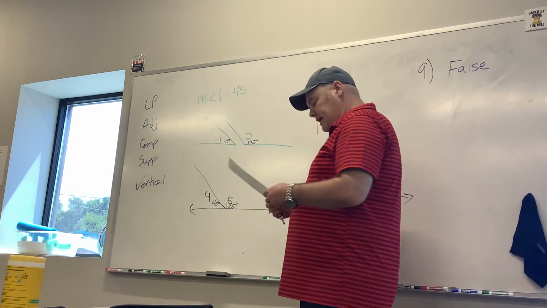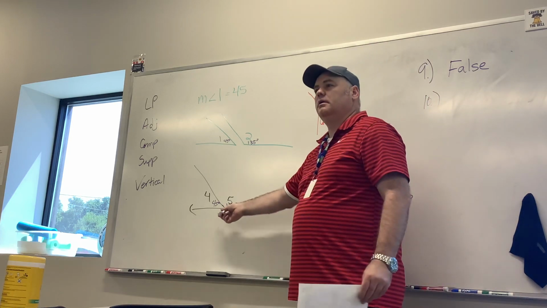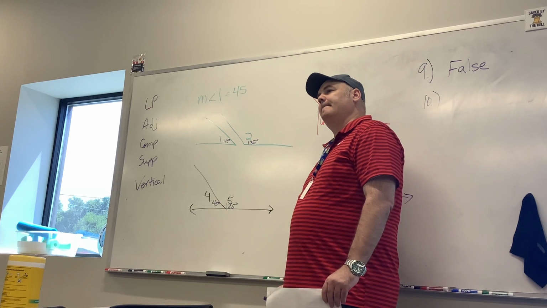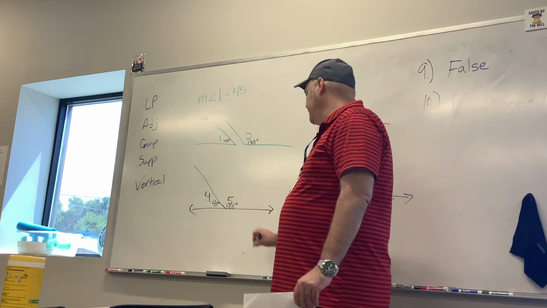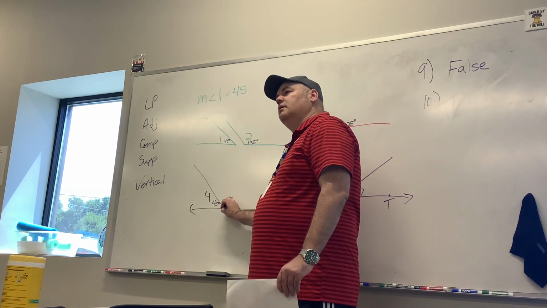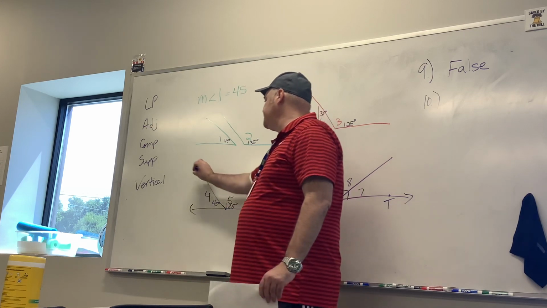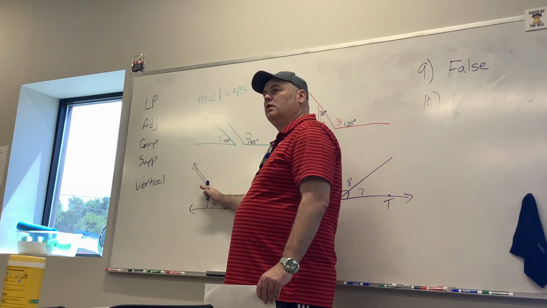Okay, number 10. Do 4 and 5 form a linear pair? No. Why not? Because it has to have the 2, doesn't it? Well, they share a vertex, right, they share a vertex, but it doesn't have like a second line. Well, do they share this side? This is one side of 4. Oh.